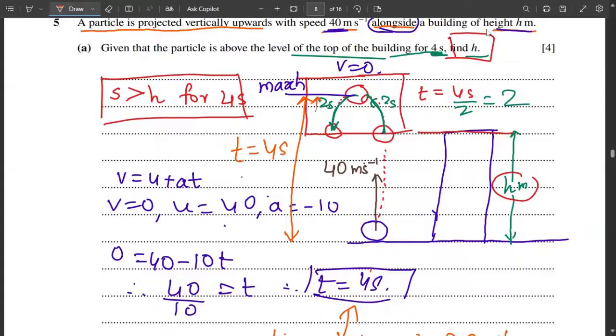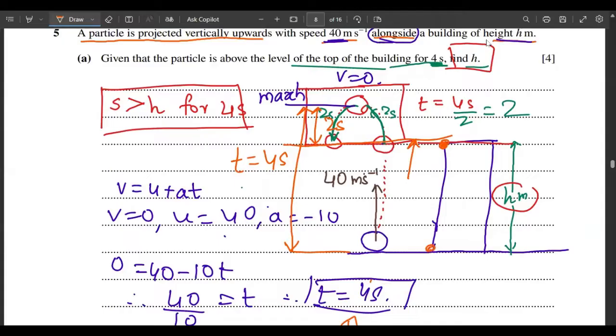And now we already know that this much takes 2 seconds. So what is the remaining part? The height h. So the time taken to reach height h at this point from here will also be 2 seconds. Why? Because this upward is also 2 and this total is 4. So the time taken to reach this height h will be 2 seconds obviously.